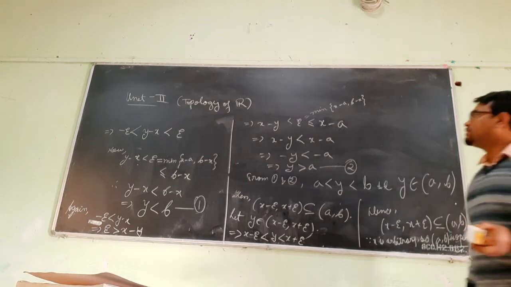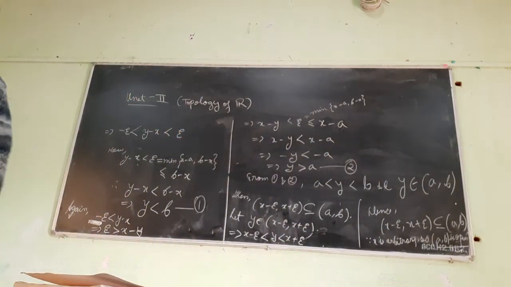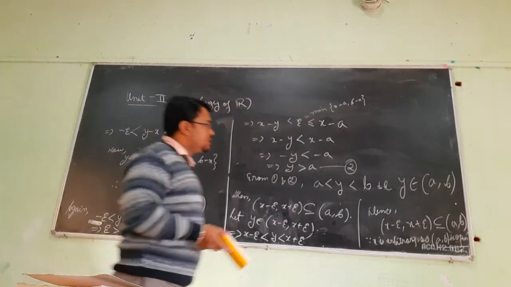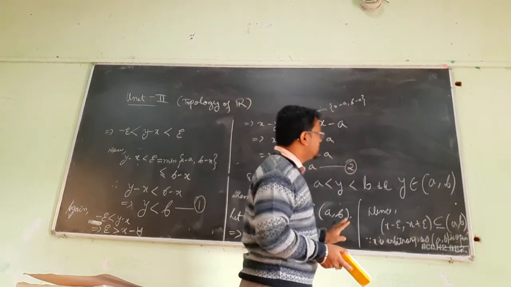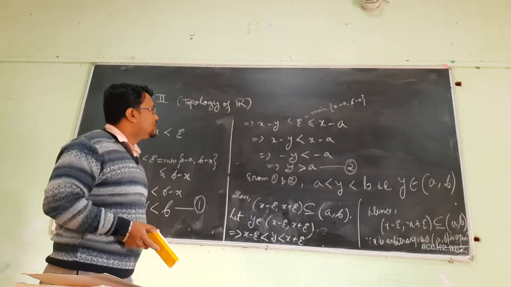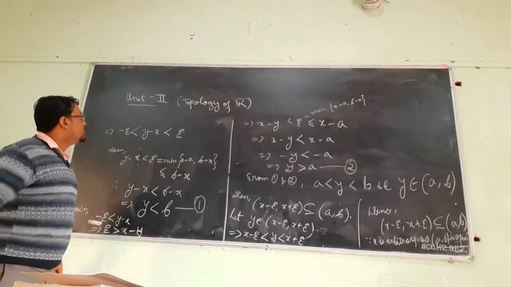So every open interval is an open set. But you will see the other way it is not: every open interval is an open set, but every open set may not be an open interval. We will see that. Is it clear?